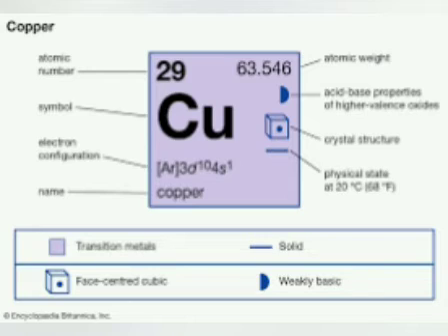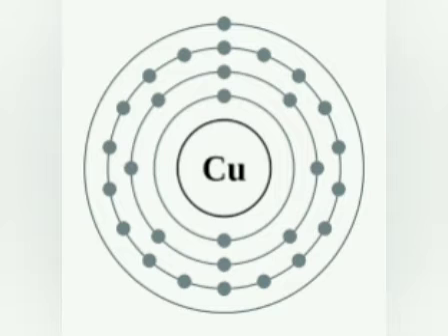First example is copper, which has atomic number 29. In first orbit, the maximum number of electrons is 2 and total number of electrons is 29. 29 minus 2 is equal to 27 remaining electrons. In second orbit, maximum number of electrons is 8 and 27 minus 8 is equal to 19.